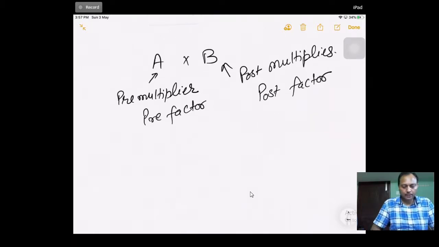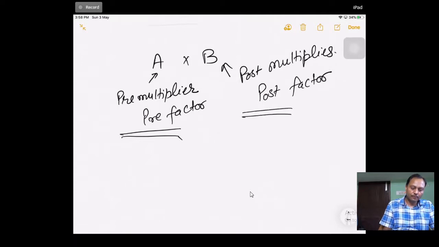So multiplication is possible only when the number of columns of the pre-multiplier and the number of rows of the post-multiplier are equal. If not equal, then the product does not exist.